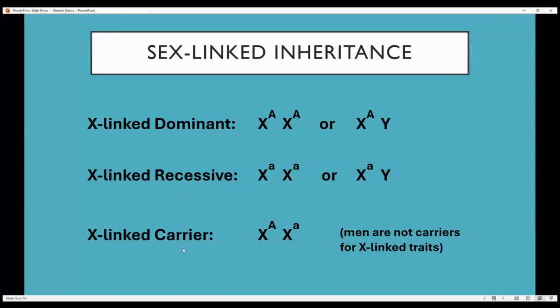X-linked carriers, or heterozygous, have 1 uppercase and 1 lowercase allele. Men are not carriers because they only have 1 X chromosome, but in order to be a carrier or heterozygous, there needs to be 2. There needs to be 1 uppercase and 1 lowercase.